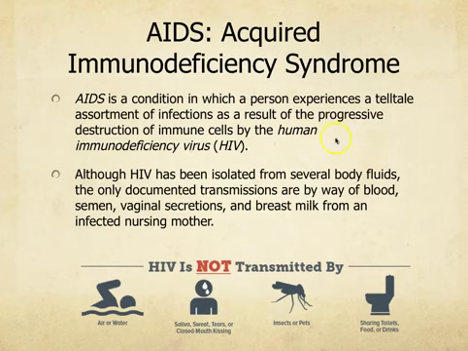And just to be very clear, you cannot get HIV from air, water, saliva, sweat, tears, insects, pets, shared toilets, food, or drinks. You can see here the documented cases of transmission are by way of blood, semen, vaginal secretions, and breast milk from an infected nursing mother.